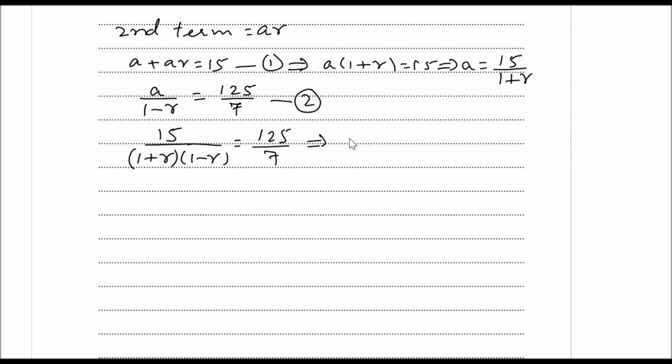Now this can be written as 15 by 1 minus R square, and that is equal to 125 by 7, right?